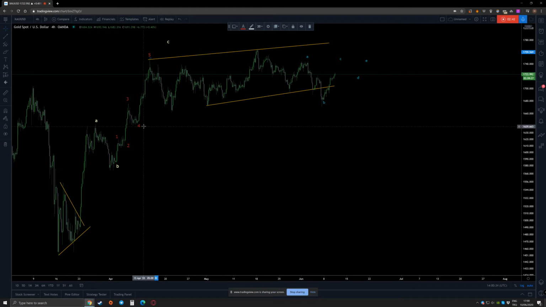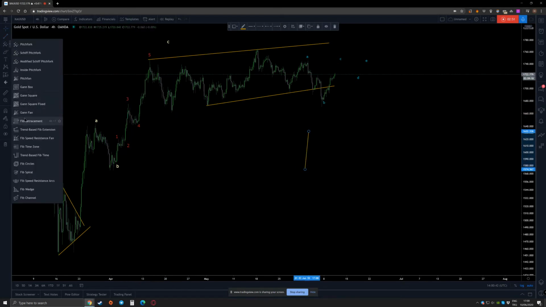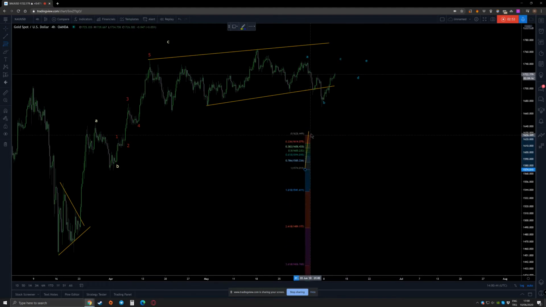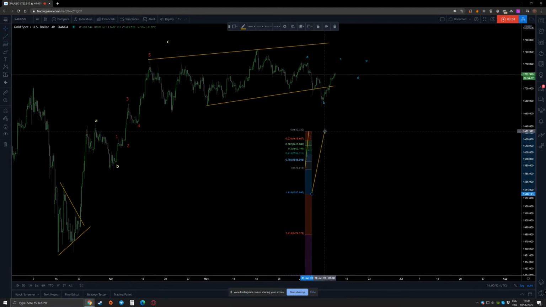In this way, even though it does look like we have an extension, the fifth wave extension, in reality, if we check our 1.618 level, you can see that we actually have, but okay, I was wrong, we have, but it's still not a fifth wave extension.